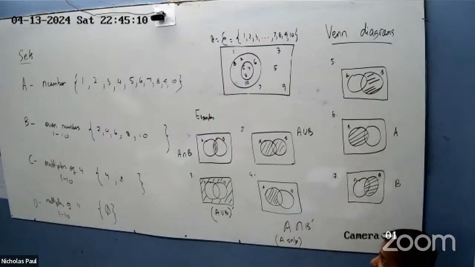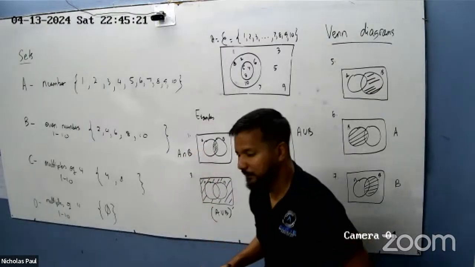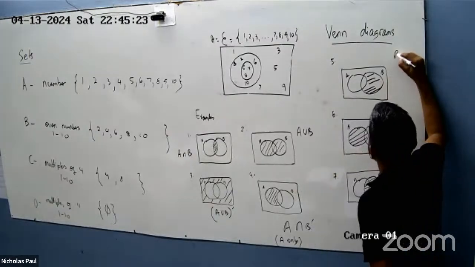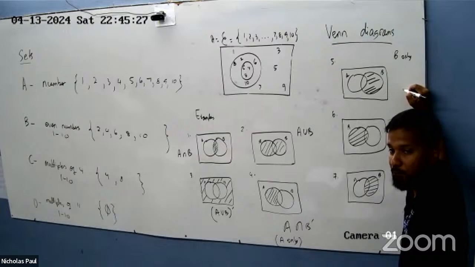Number 4 is a hint. B only, right? But how do we write the notation?